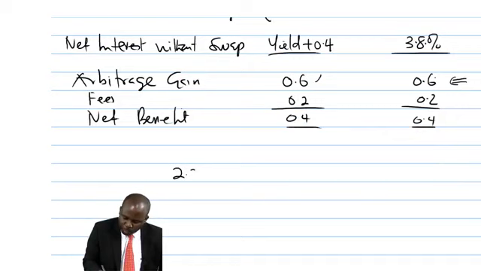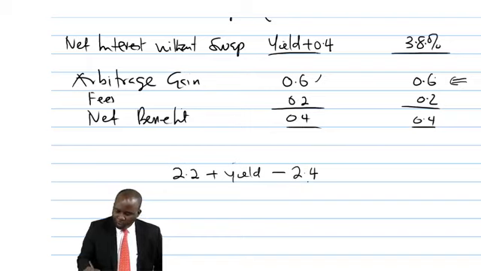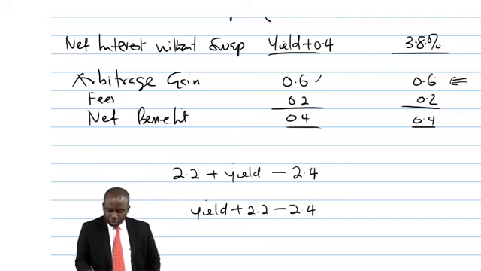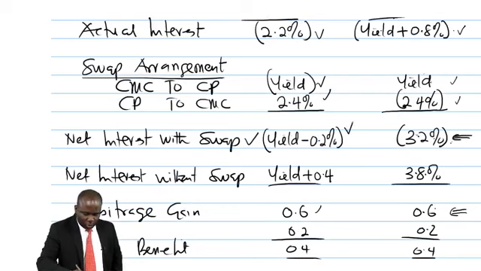I've got 2.2 payment. I've also got yield payment. And I've also received what? 2.4. What will be the answer? I will get the yield plus 2.2 minus 2.4. 2.2 minus 2.4 will give me the yield minus what? 0.2. And that is what we have shown here.